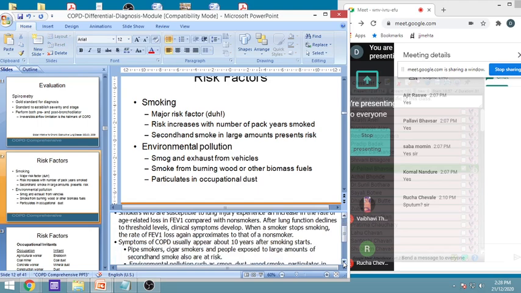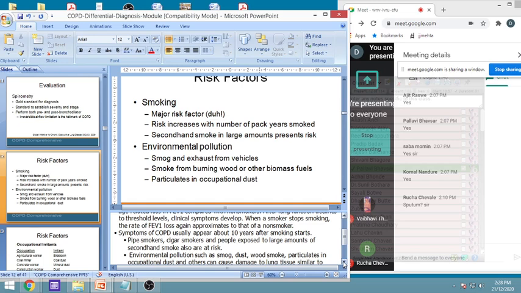Symptoms of COPD usually appear about 10 years after smoking starts. Pipe smokers, cigar smokers, and people exposed to large amounts of secondhand smoke are also at risk. We also call it passive smoking: someone staying near a person who is smoking, or in a closed room where people are smoking.